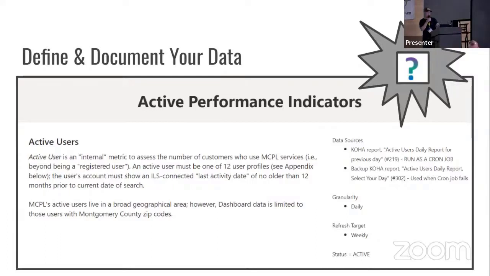But we have a definition there for them to reference. I put in the data sources, the granularity, like how often we pull the data, and a refresh target, which is essentially how often they can be sure that the data is updated and refreshed. And this is important if you don't directly connect to a database, or if you can't, or if you have multiple data sets outside of Koha, people are going to need to know when things are up to date.